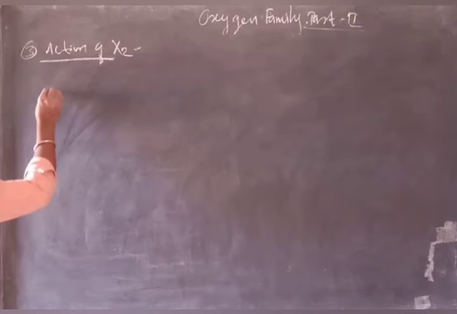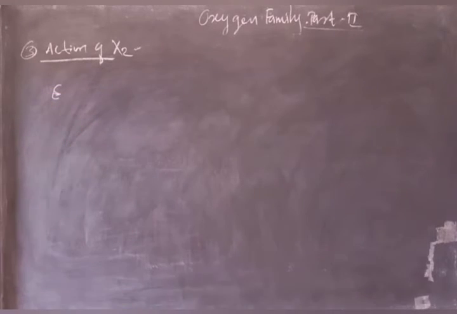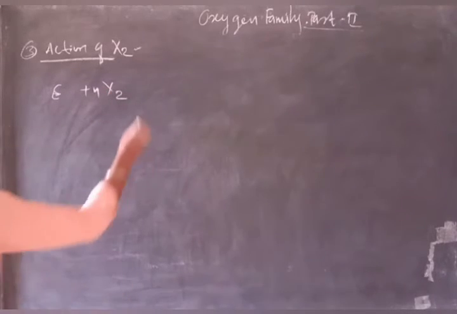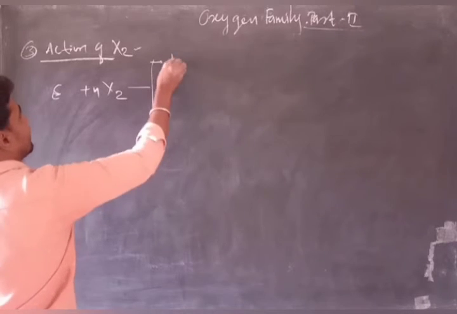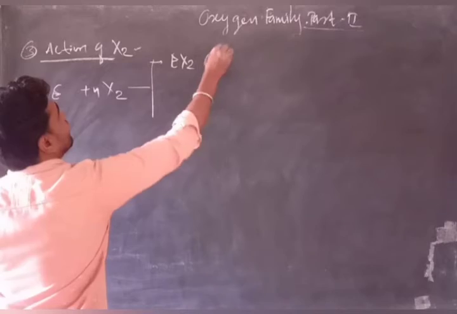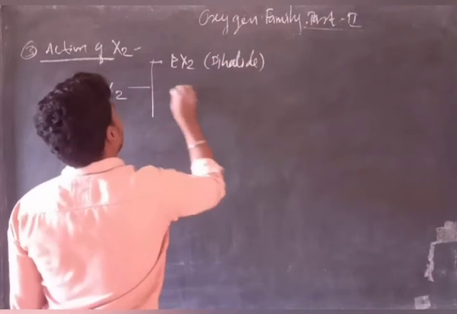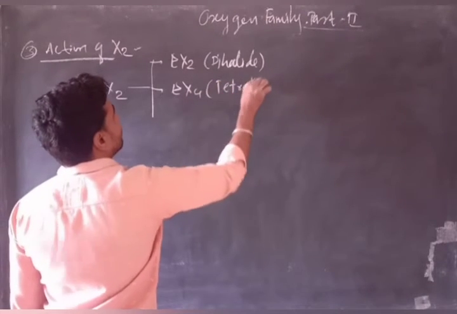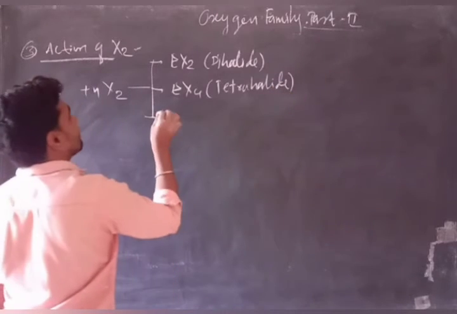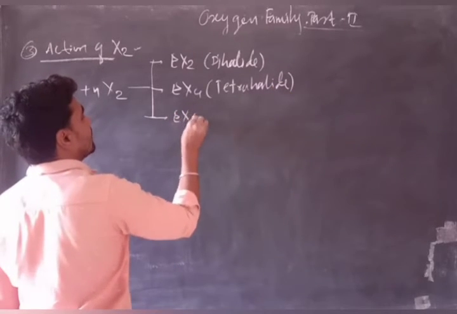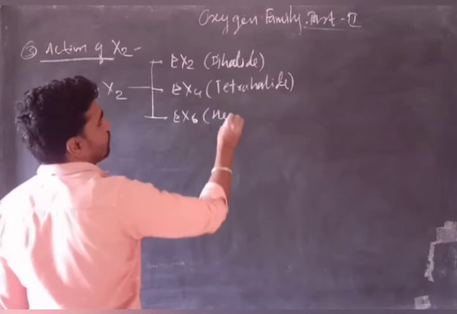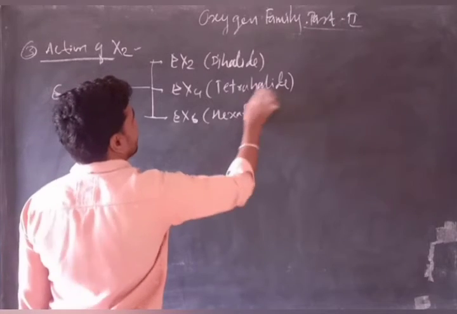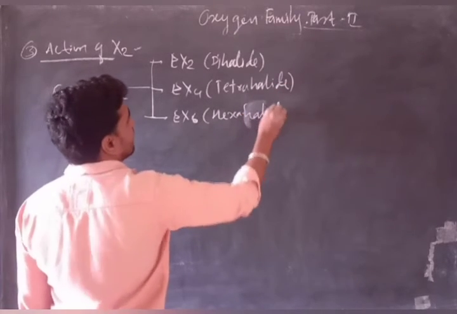And remember, my dear students, when E, which may be any of the elements of the oxygen family, reacts with halogens, they form different halides: EX2, which is the dihalide; another is EX4, the tetrahalide; and the third is EX6, that is hexafluorides. I am sorry, hexahalides.